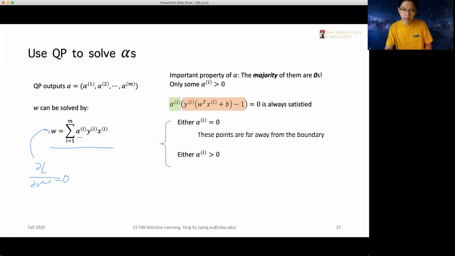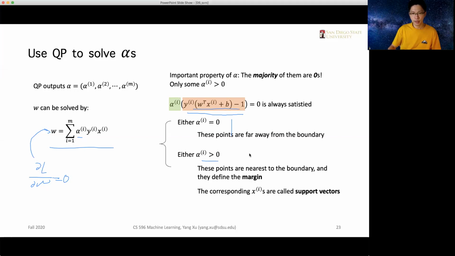Because when alpha is 0, the internal term here is greater than 1, and those data points are farther away from the boundary. And for alpha greater than 0, the inside term is 0.